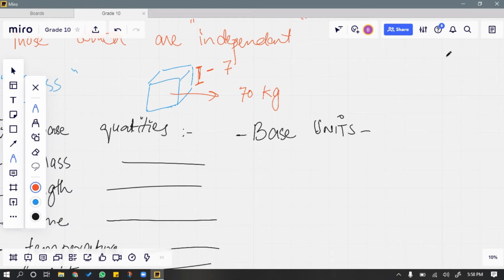Is 7 in centimeters or in meters? The unit describes the hugeness or tininess of the object, how big or how small it can be. So a unit is necessary with any quantity.